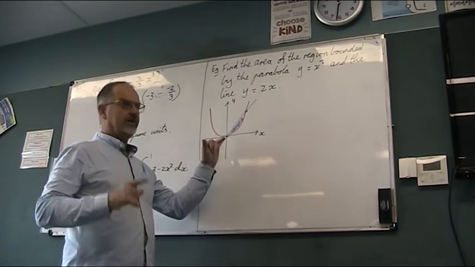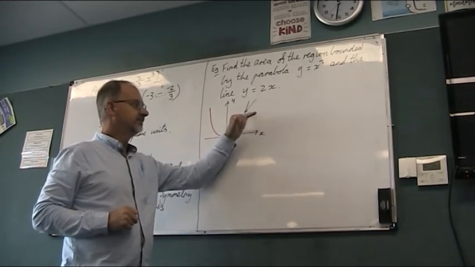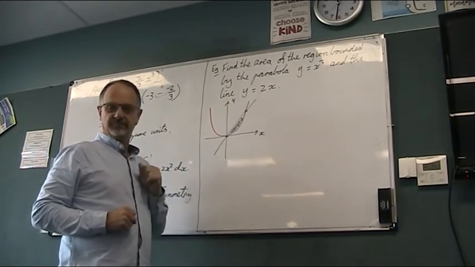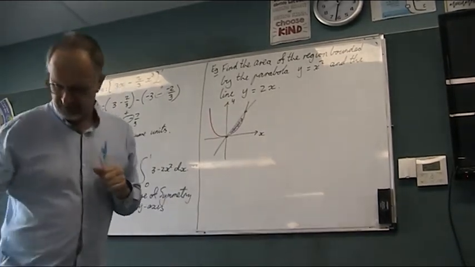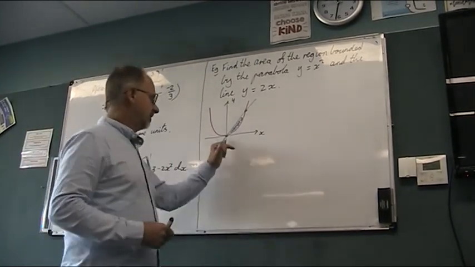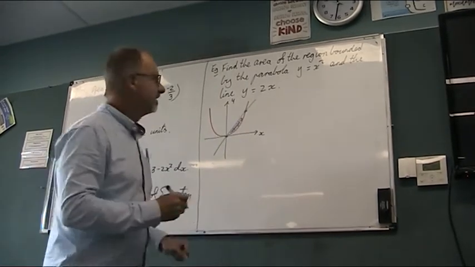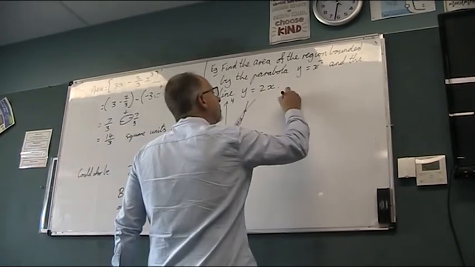But what we do need to know for the integral is what these points are. When we set up our integral, we need x equals whatever to x equals whatever. So we need the points of intersection.